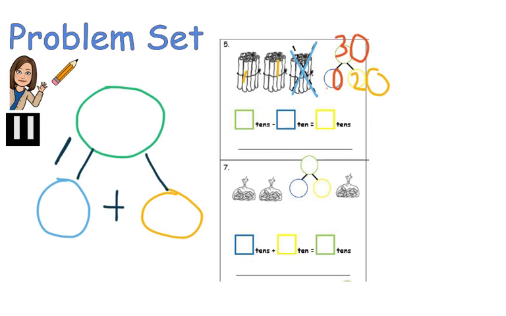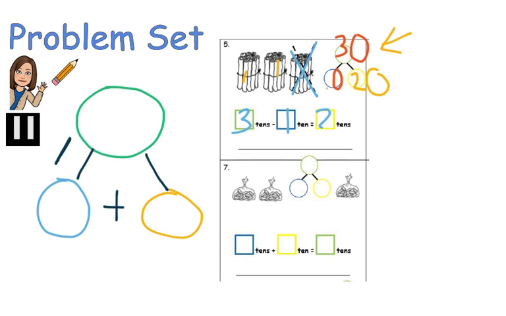Okay, now let's fill in our equations. It's starting with the green, the total. So the total was 30. We took away 10. Oh, I'm sorry. It has the words 10, so let's fix that. It started with 3 10s. They took away 1 10.